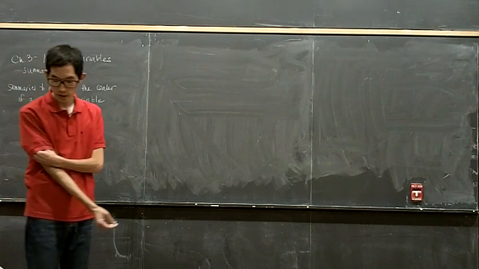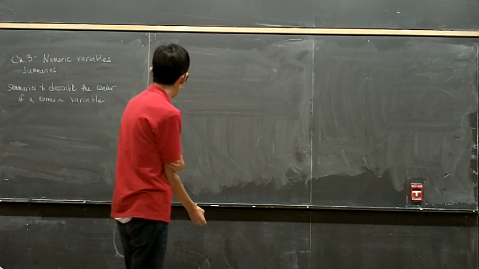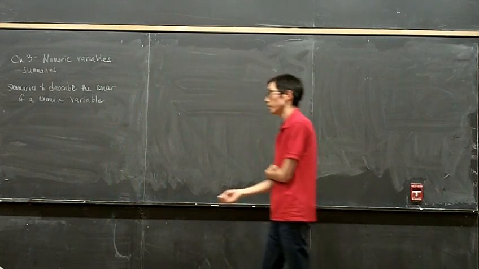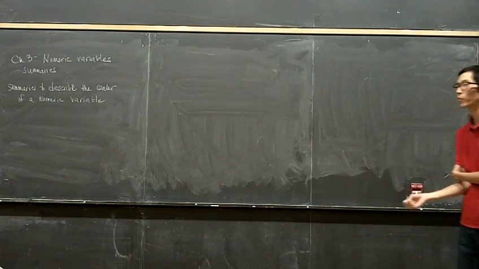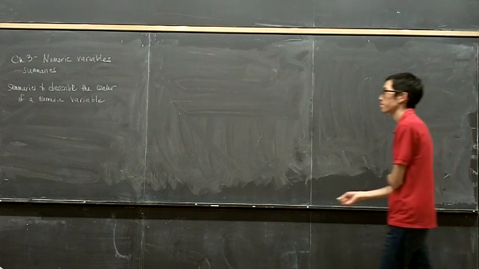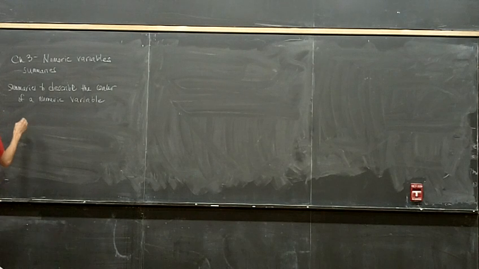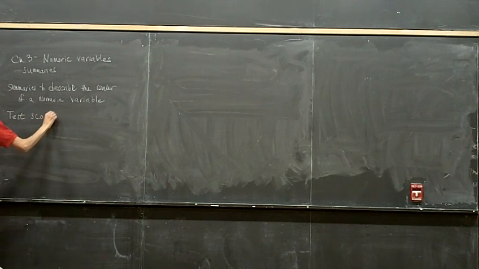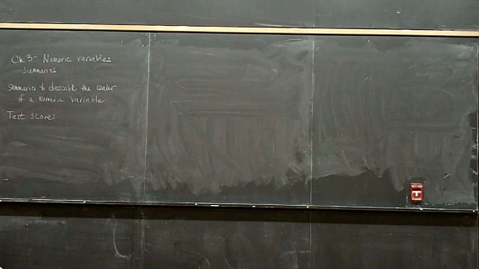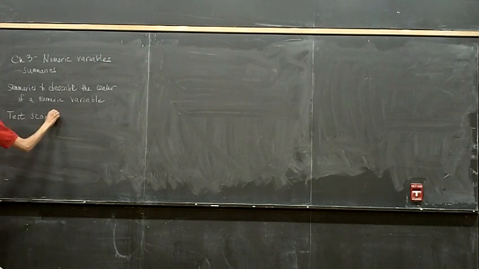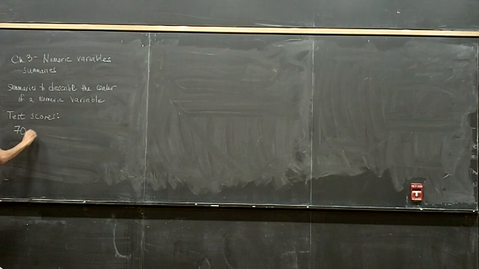So let's say we have some test scores. A bunch of students took a test, and these were the scores. Let's say 70.